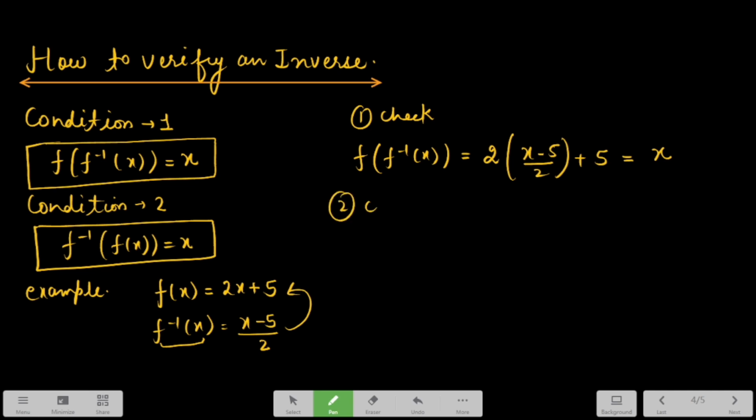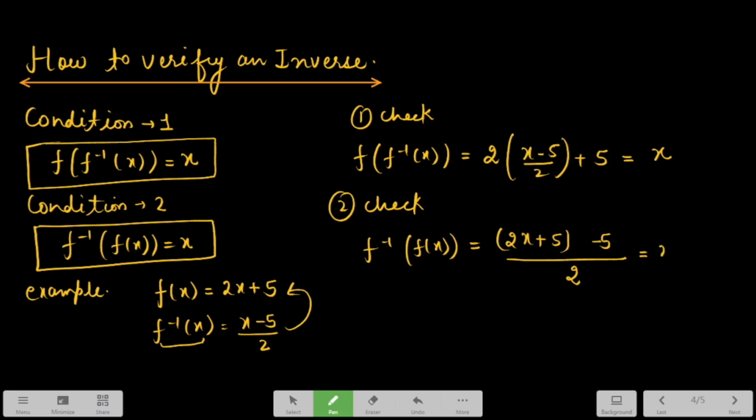Similarly, check the second condition. f inverse(f(x)) = (2x + 5 - 5)/2, which equals x. Here, what is the value of f(x)? f(x) is 2x + 5. So you are writing 2x + 5 in the f inverse equation.